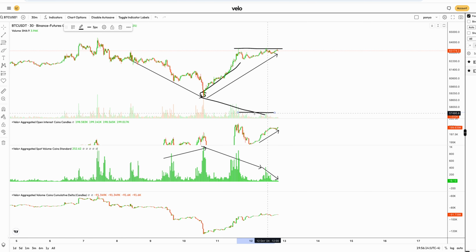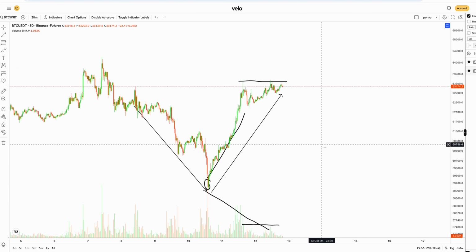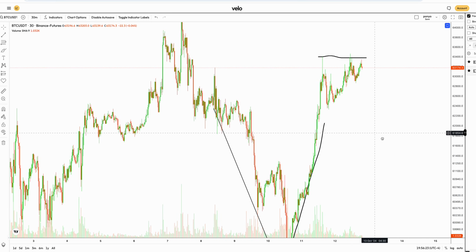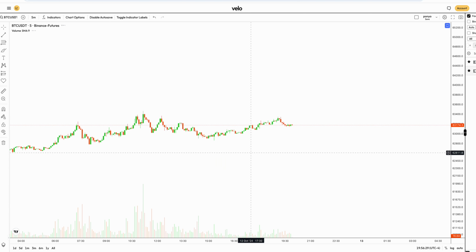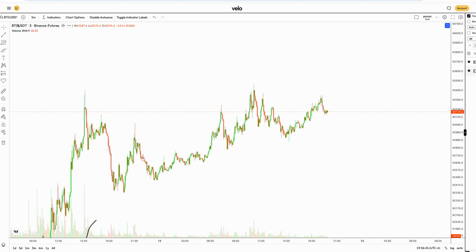So just something to be aware of for the rest of the weekend. And tomorrow is Sunday. Be prepared to see a lot of manipulation and chop within the charts.